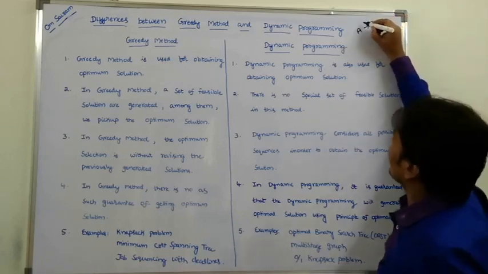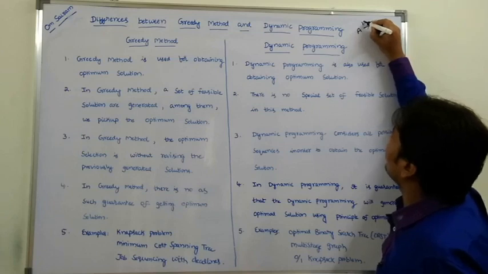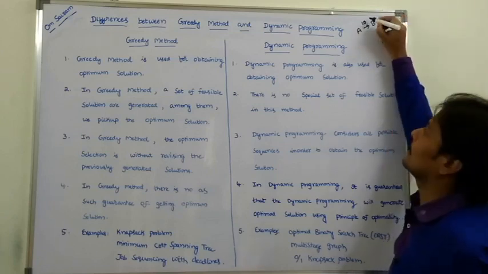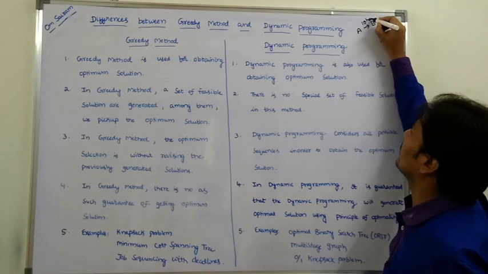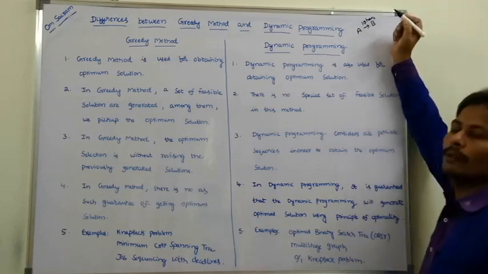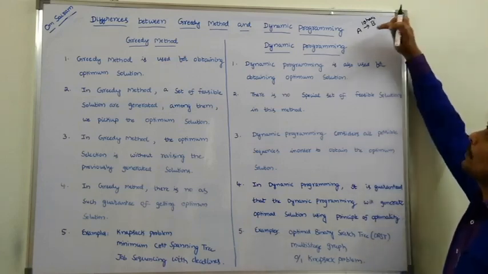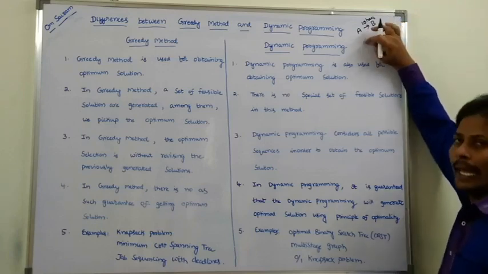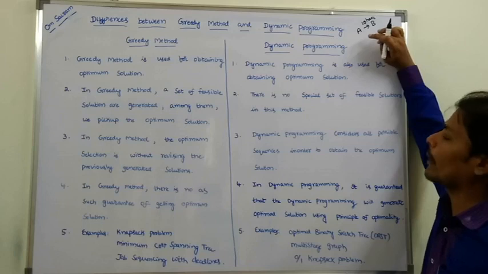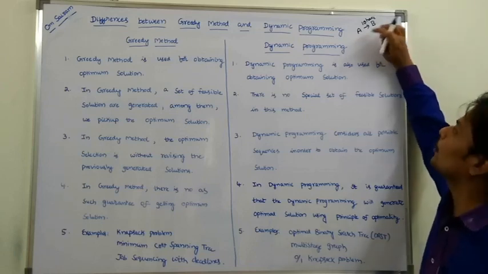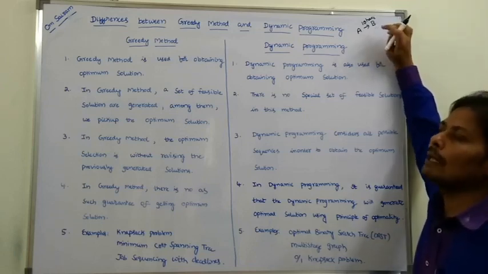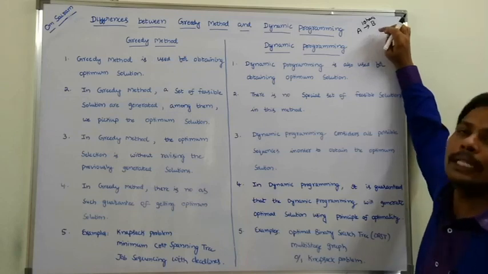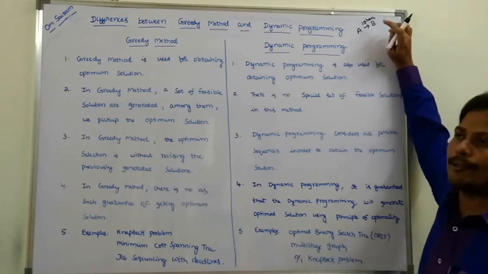So the constraint is the travel should be completed within 10 hours. Suppose a person is at a place A. He wants to travel from A to B. The travel should be completed within 10 hours is the constraint.